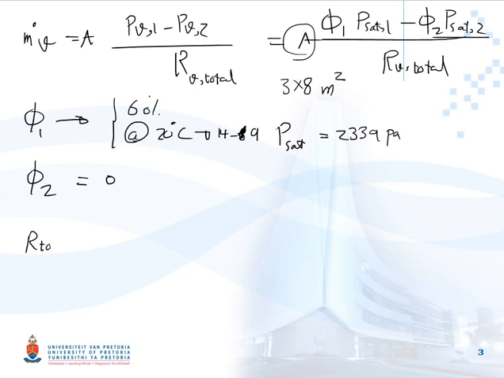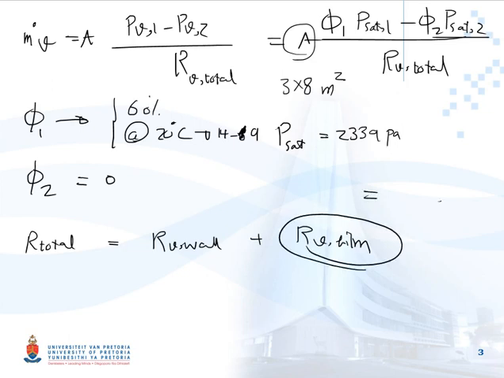So our total resistance, as we mentioned before, is equal to our wall plus our film, but here we need to find permeability as well as permanence, because this film is 1 equal to permanence.